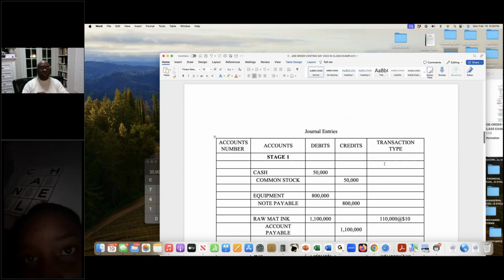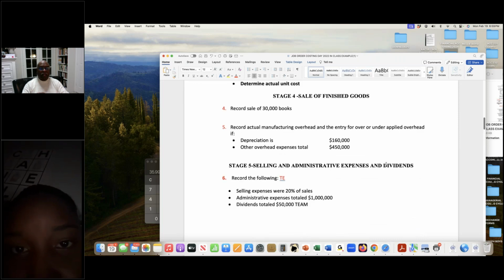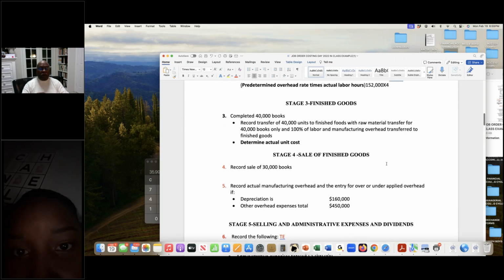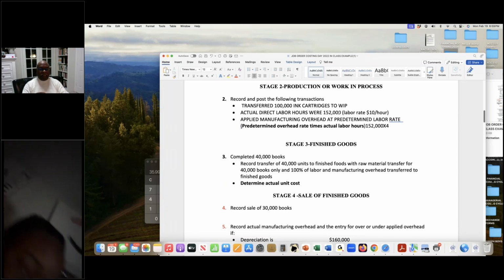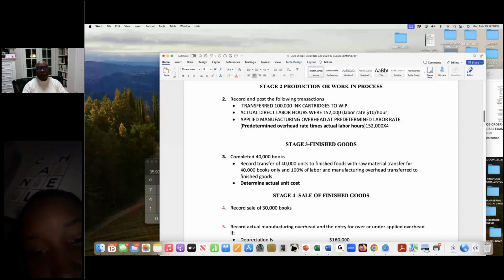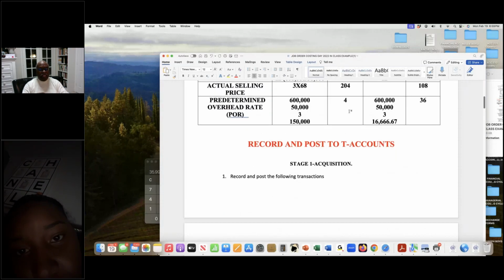The next thing we're going to do is record the actual direct labor hours. The workers actually worked 152,000 hours. Now, if you remember, we estimated that it would be 150,000.